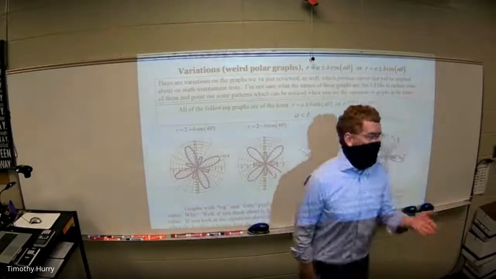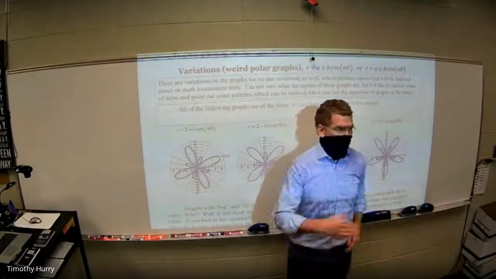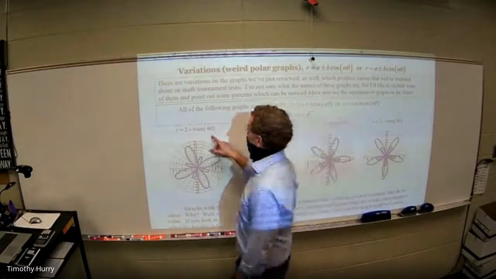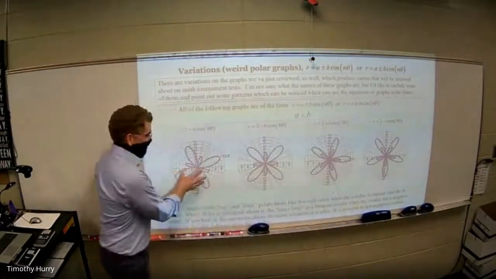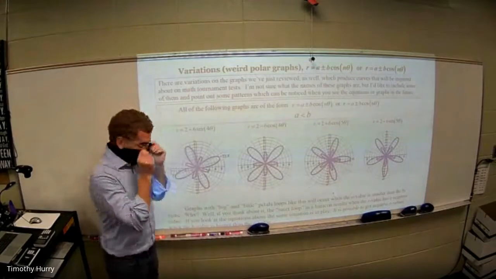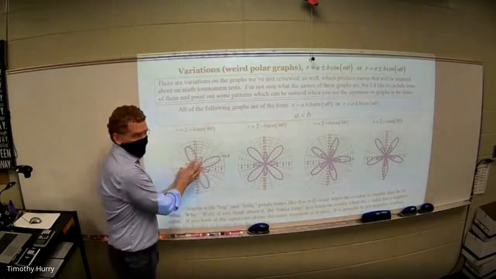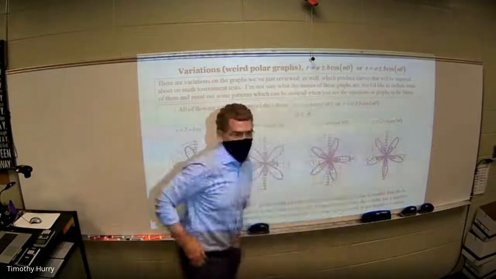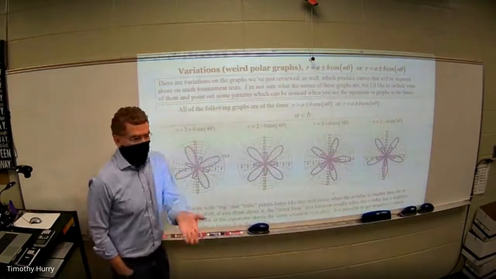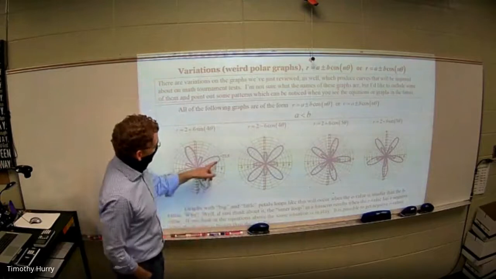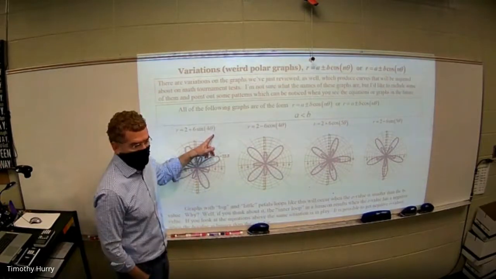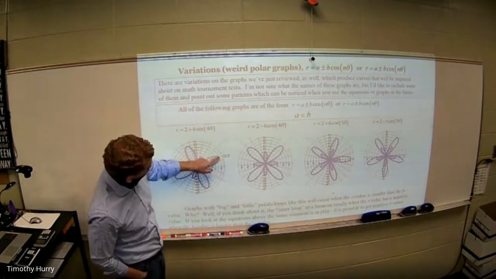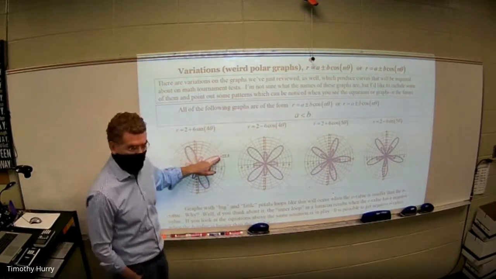What you could do, remember, is just plug in degree values. So if I was trying to figure out what this was, let's just say it was a multiple choice question and it said, what is the equation of this graph? They gave you a whole bunch of options and they all look very similar. One thing you could do is start plugging in values. I can look at this and say, well, that's 15, that's 30, that's dead in the middle, 22.5.